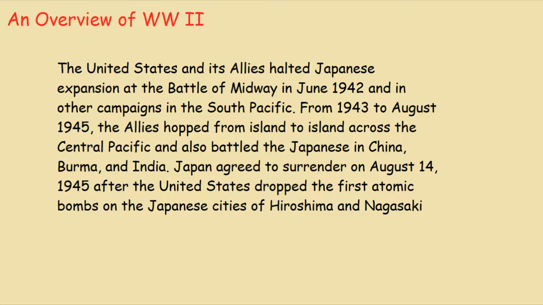And they were mainly in the South Pacific. So from 1943 to August 1945, the Allies went from an island to island, mainly in the Central Pacific and South as well. They fought the Japanese in many places, such as China and India.